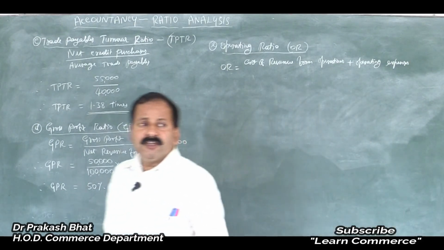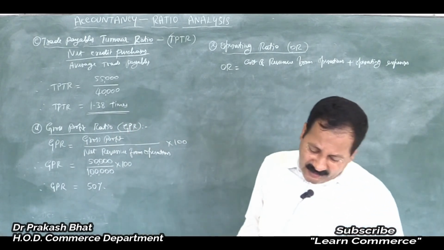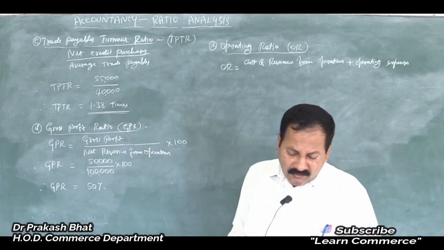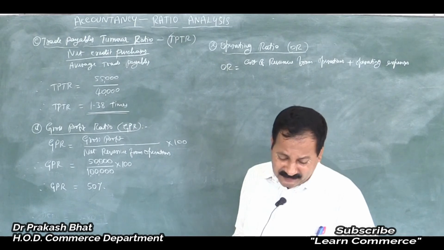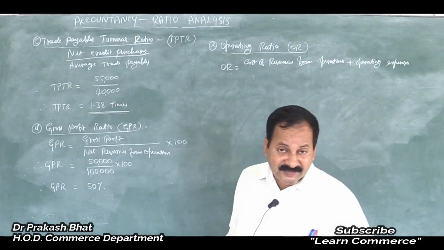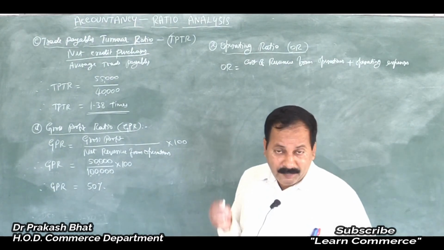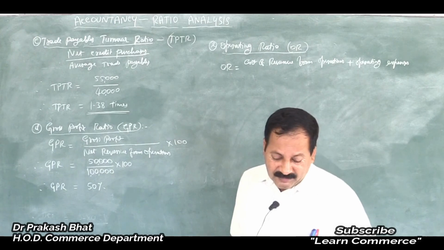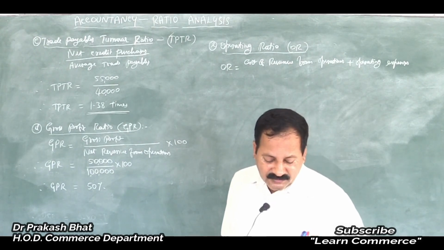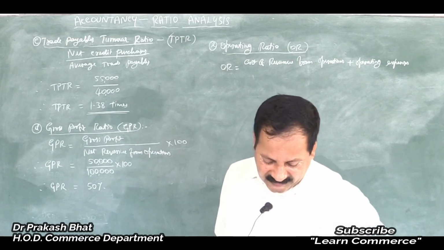That is selling expenses, distribution expenses, administrative expenses, isn't it? All these come under the operating expenses. Here only two types of expenses are there. Interest will not come because it has nothing to do with the operation of the machine or the manufacturing of goods.